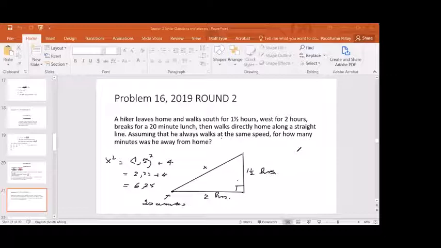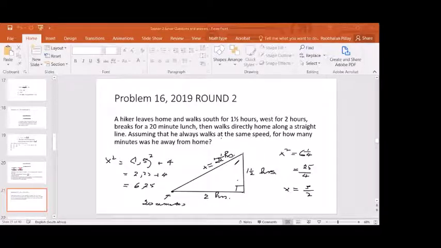If you are not very comfortable with that, you can say x squared is 6.25, and as a fraction that is 25 over 4. So when you square x, you're going to get 25 over 4. So x will have to be 5 over 2. This means the hypotenuse is 5 over 2, which is 2.5, and that's hours.